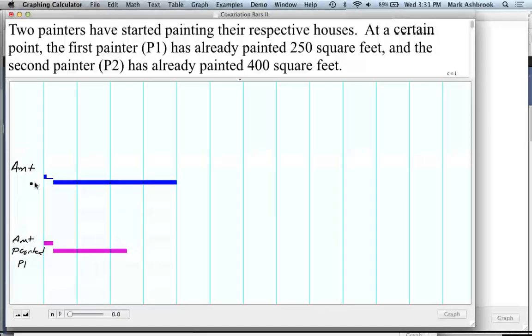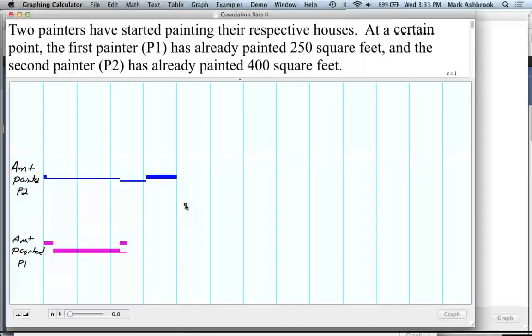Jessica, did you have your hand up? I was just going to say it looks like the shorter one is just a little over half of the other one, which is consistent with the story. Okay, so if this was 400 and this was 250, this would be more than half of that. So is there a way we can be more sure about this?